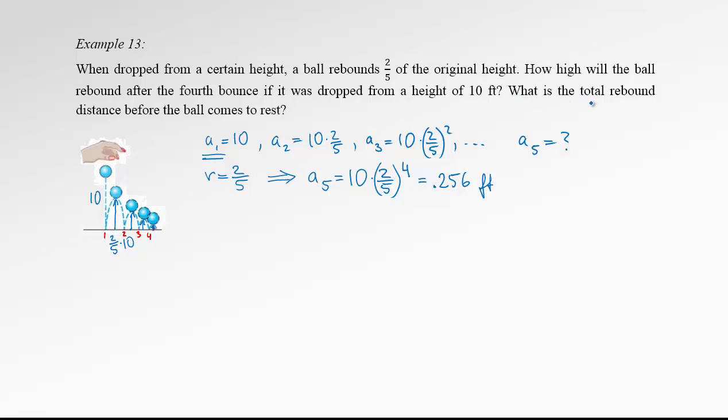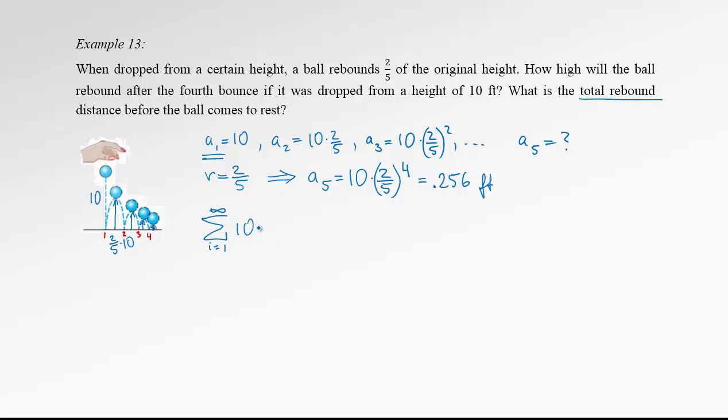The second question asks us, what is the total rebound distance before the ball comes to rest? The total rebound distance really means that we need to add all those rebounds theoretically forever. That means that we are actually calculating the infinite sum from i equals 1 to infinity of the above terms. How could we write this as a general statement?